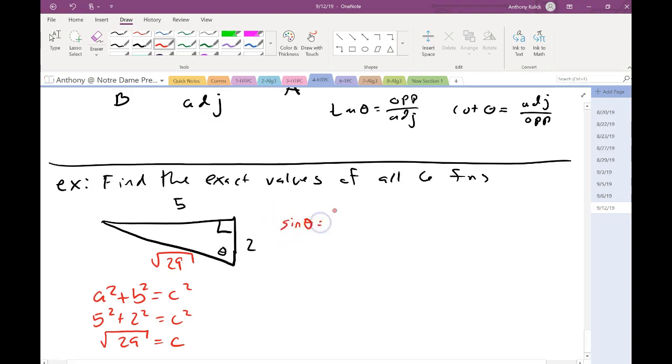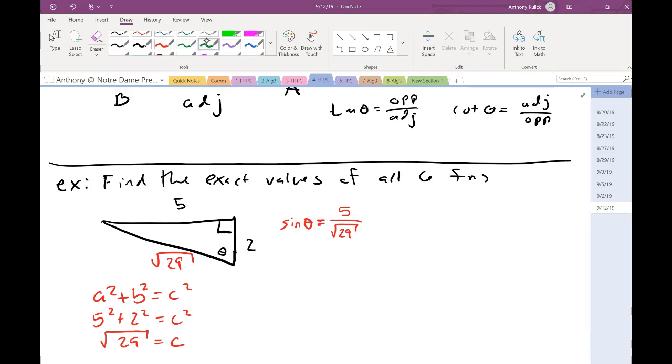So, what is sine theta then? Good. 5 over the square root of 29. Now, are we going to leave our final answer as 5 over the square root of 29?